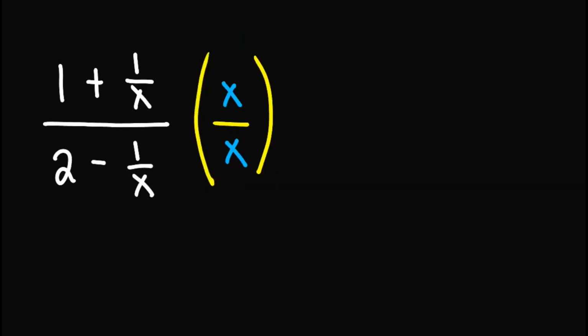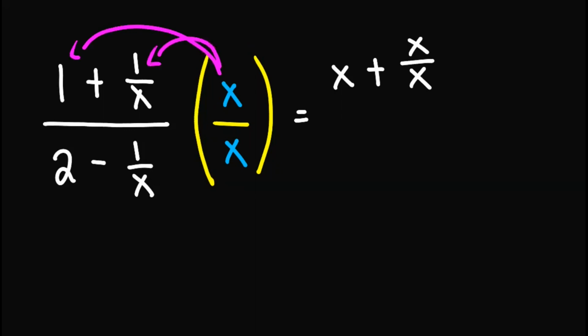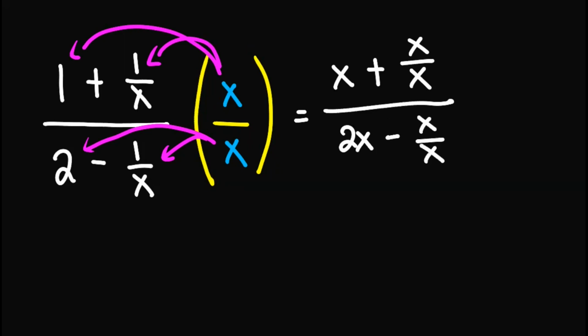So multiplying x over x, we obtain x plus x over x, since we distribute this to this and to this, and we do the same for the denominator. So we'll have at the denominator 2x minus x over x.